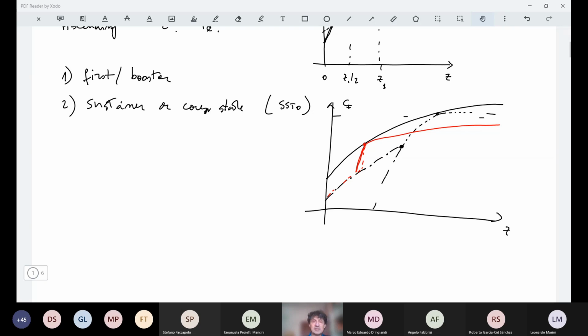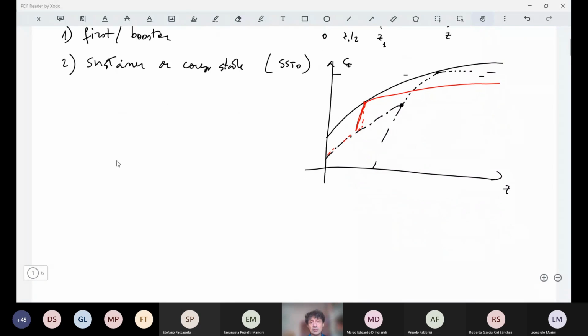So the problem is that in practice, no engine that has been realized so far allows us to work at steady-state conditions at liftoff with overexpanded conditions such that we have flow separation. So we avoid flow separation in the steady-state condition.